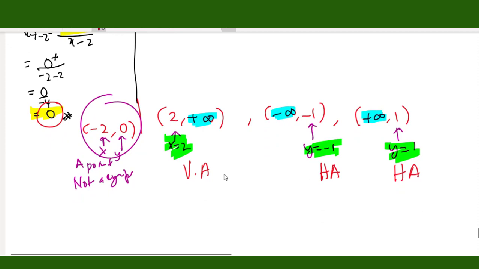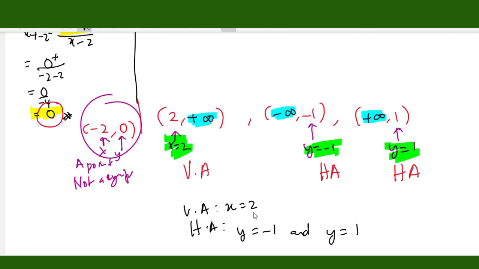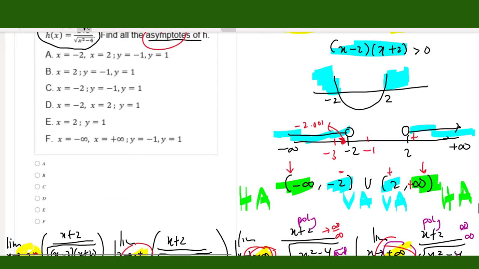The asymptotes for this function: vertical asymptote x is equal to 2, horizontal asymptotes y is equal to negative 1 and y is equal to 1. Only 3 asymptotes. We cannot claim this is an asymptote; this is just a point. The answer is this one, B.